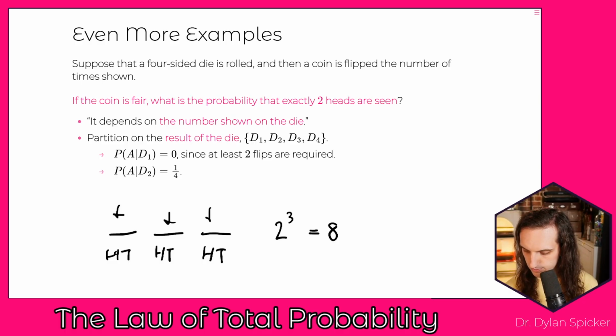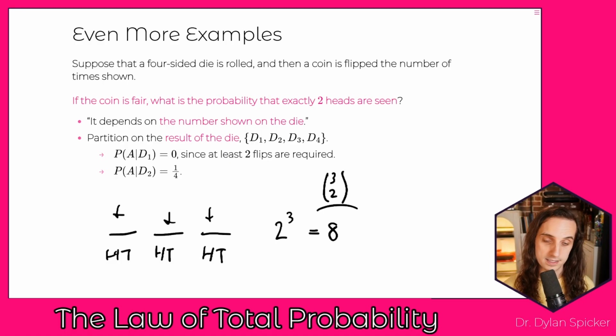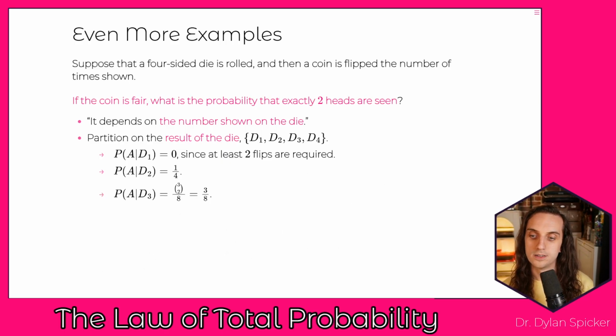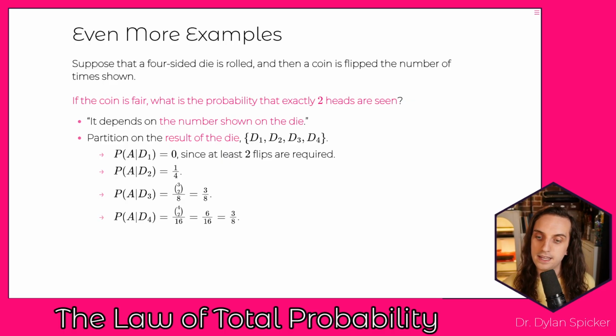So we take 3 choose 2 out of 8, and that gives us our probability. So the probability of A given D3 is 3 choose 2 out of 8, which is just 3 out of 8. And A given D4 is going to be 4 choose 2 out of 16, for the same logic.